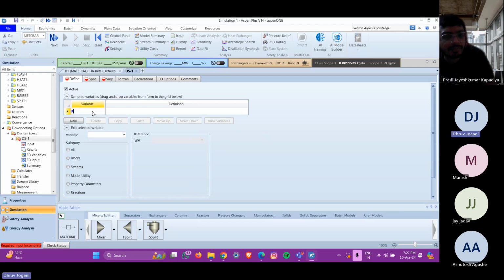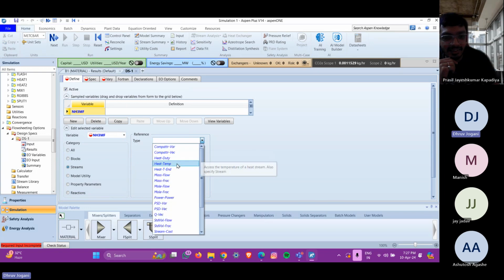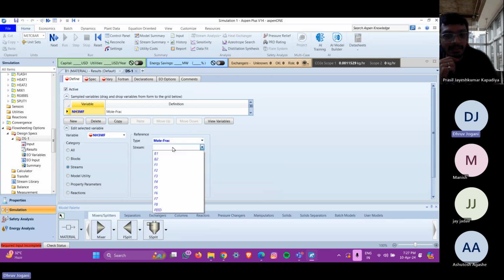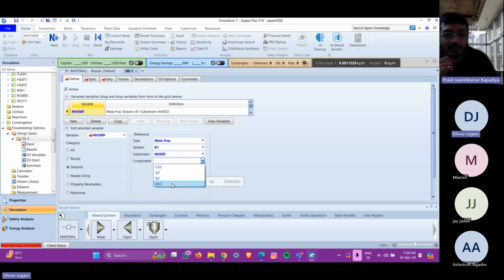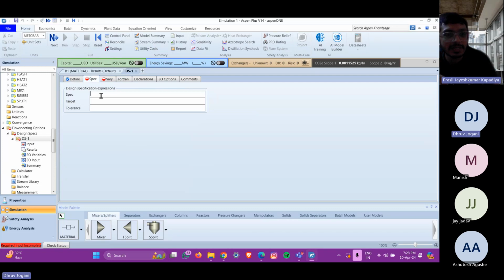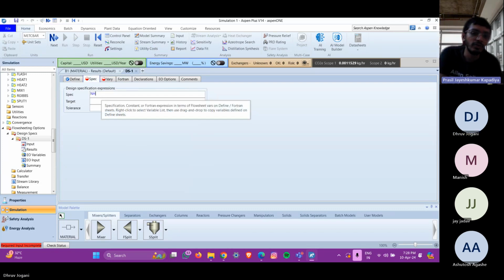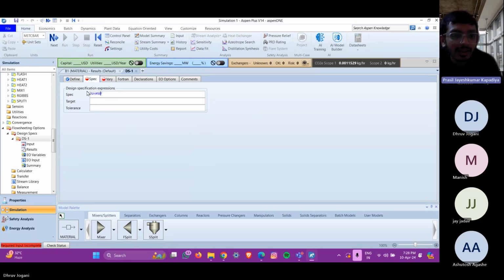So the variable is flash temp. No, here first is define. Be careful. Here first define NH3 mole fraction. That is the stream variable. Type is mole fraction, stream is B1, of component ammonia. Then we need to specify it.